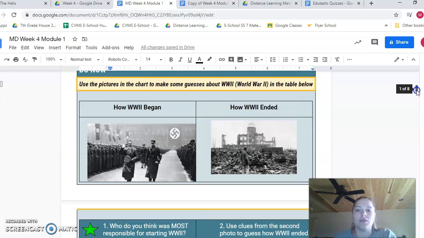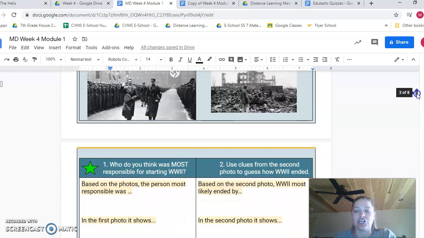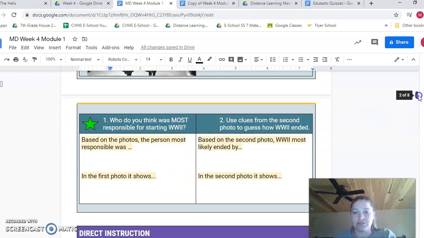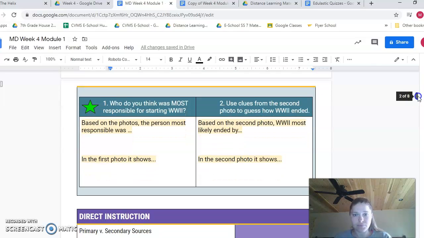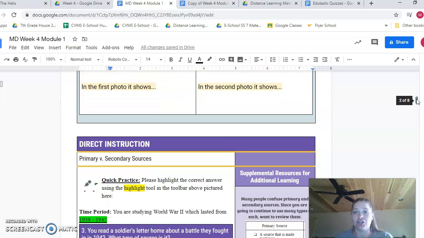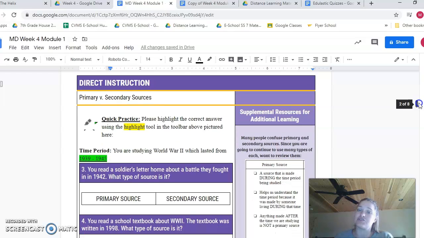The second question is, use clues from the second photo to guess how World War II ended. Based on the second photo, World War II most likely ended by. You are answering those questions with these sentence stems. When you are done with that, you're going to move on to the part that says direct instruction, and I'm going to walk you through it.